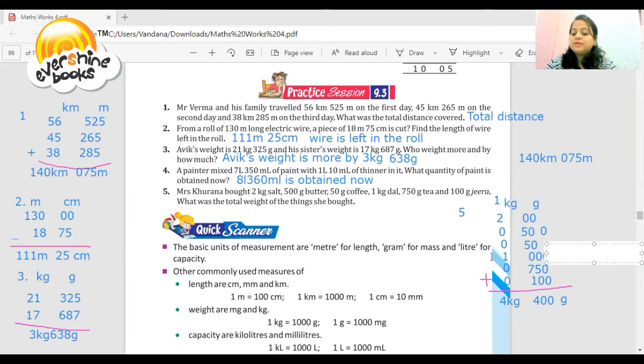As there is no kilogram for the gram items, you have to put 0 in the kilogram section. Now add all these numbers together. You will get the answer 4 kilogram 400 gram was the total weight of the things she bought.